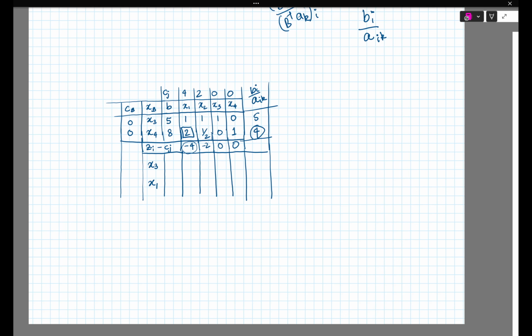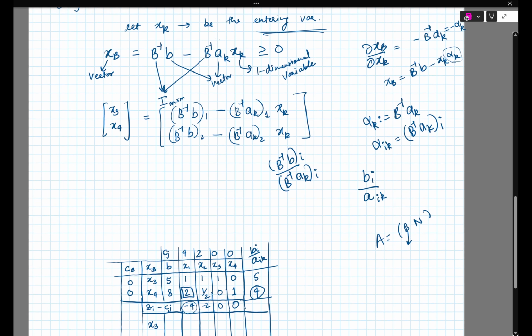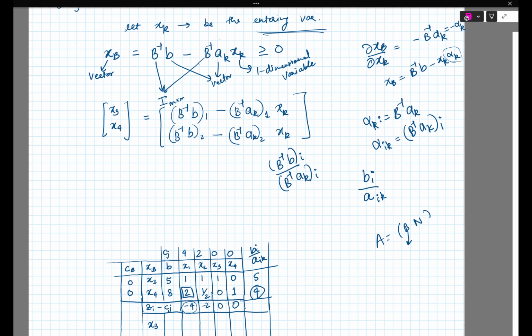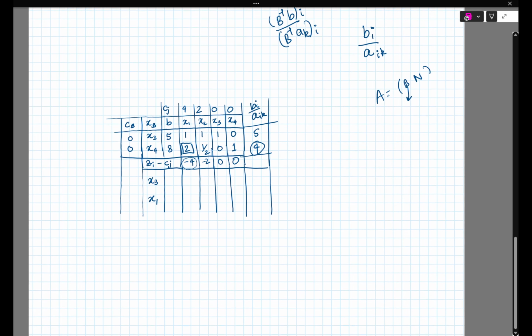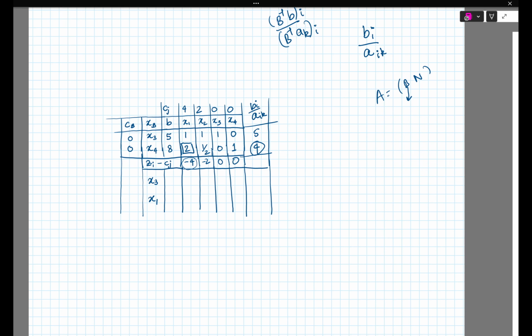Because these basic variables have changed, now we have to modify our A matrix, in the sense this B, and remember we made A equal to B and N. What made things simple here was B was equal to identity. Okay, B is identity, that's why B inverse is identity and we don't need to compute it. So every time we change the variables of B, we again try to make B identity, so then B inverse is also identity.